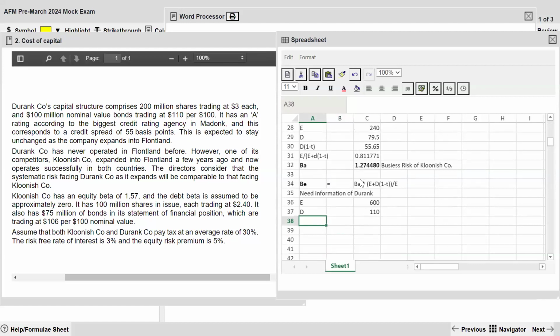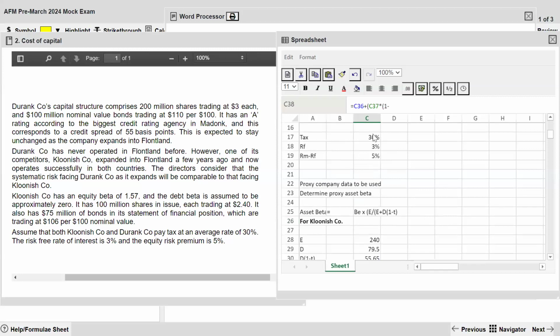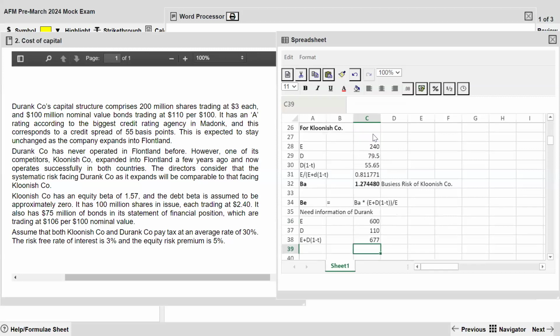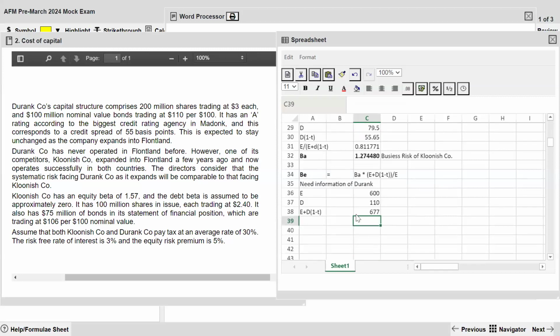The next situation is E plus D(1 minus T). E plus bracket open D into bracket open 1 minus T, the tax rate. So this is what we have.